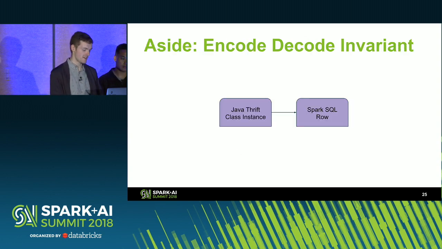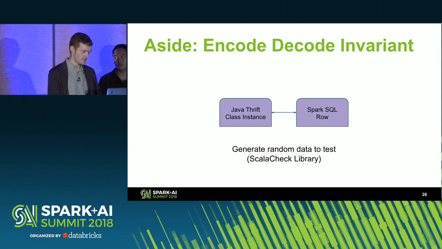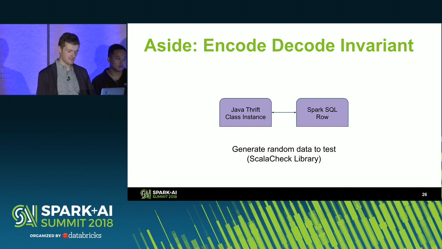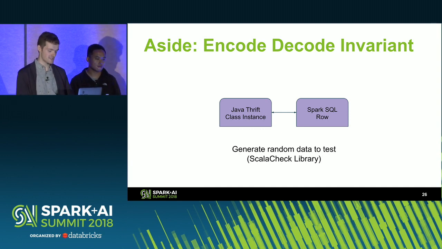So now, we're just going to jump under the hood a bit of that, because I think this is an interesting aside, especially for those engineers out there in the crowd. Under the hood, basically, you're converting these Java thrift class instances to Spark SQL rows. But if you're like me and you think writing tests is hard, and generally speaking, writing tests for this type of thing can be a little difficult, what you do is you add that second arrow, which requires some effort.